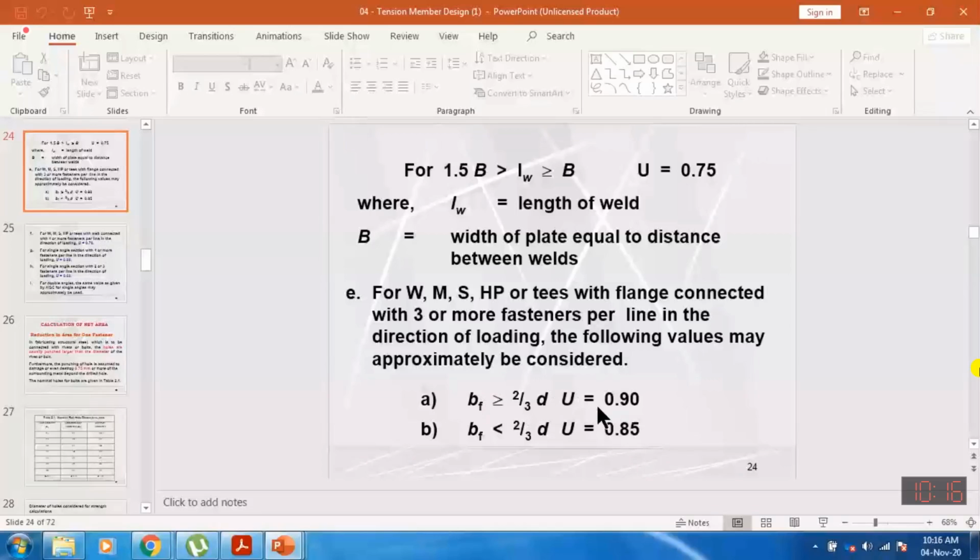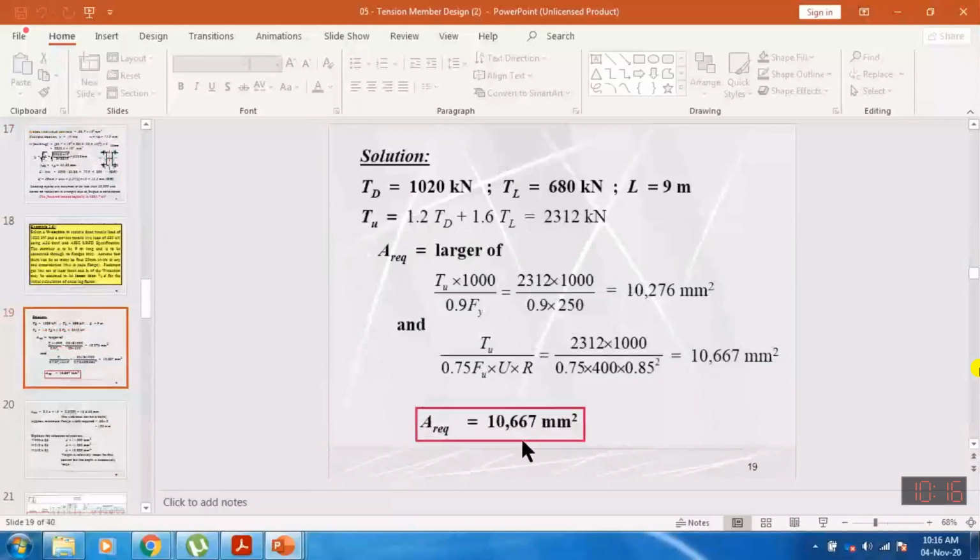On page number 98, for a W, M, S or I section where the fasteners are in one line, with 3 fasteners, if BF over D is less than 2 by 3 of D, which is 0.67, then we consider the U value as 0.85 for the initial calculation.